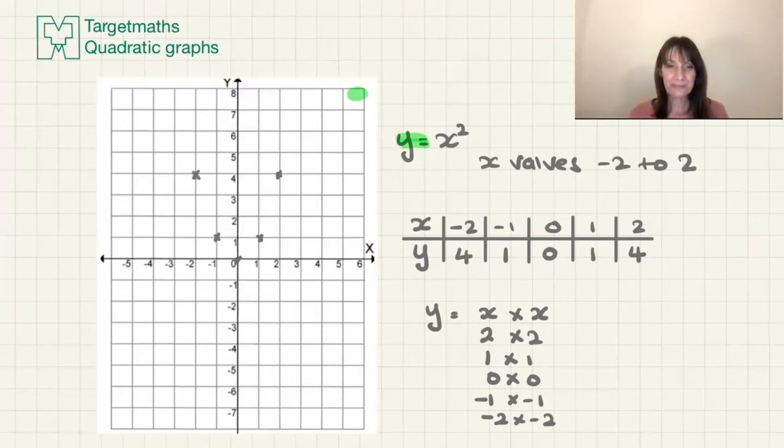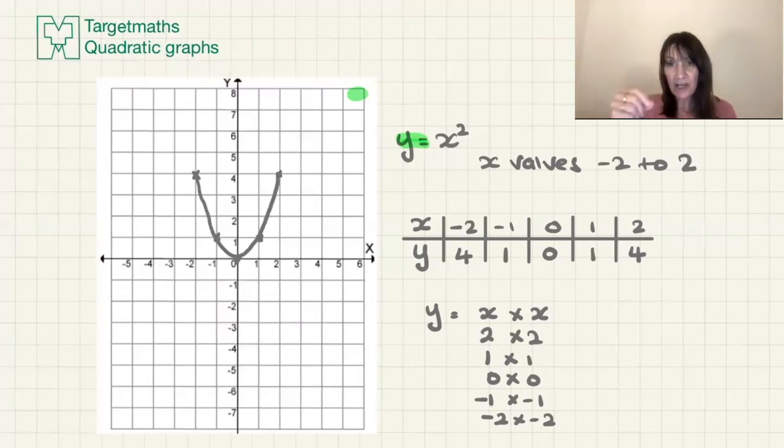Okay. And what this is doing is it's creating a kind of U shape. It's creating a graph with one bend in it. So I am going to do my best to draw through. I always find turning it to the side helps a little bit. Down and round. And that is y equals x squared.